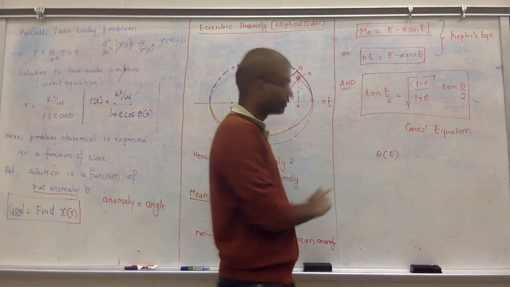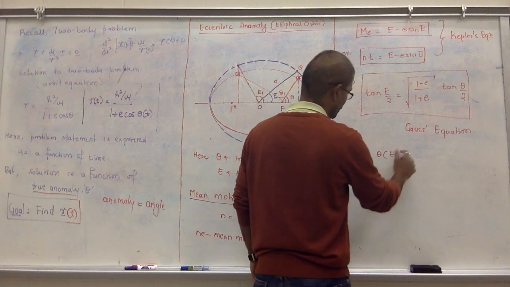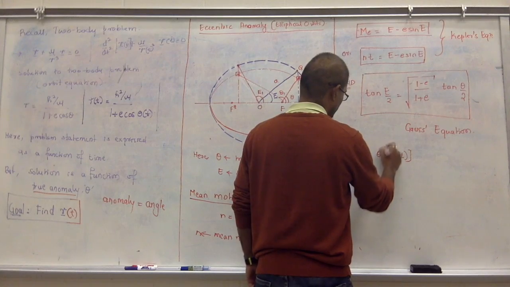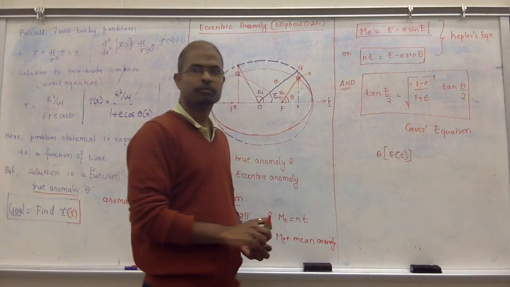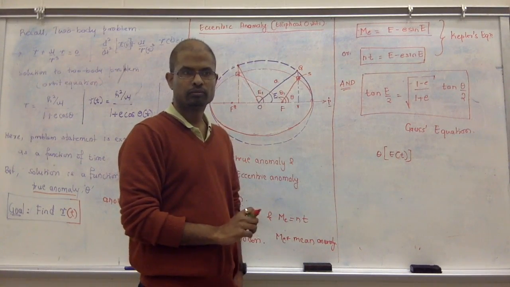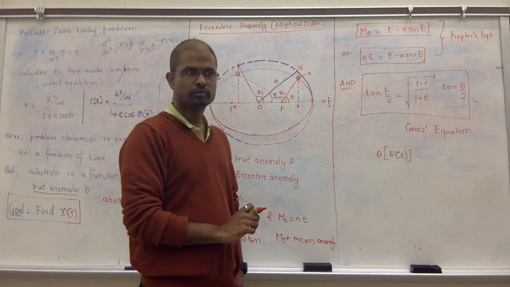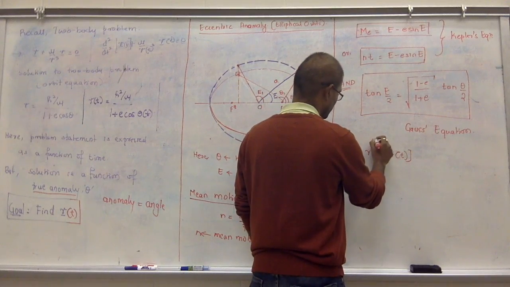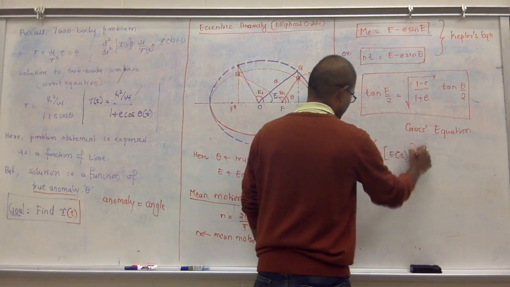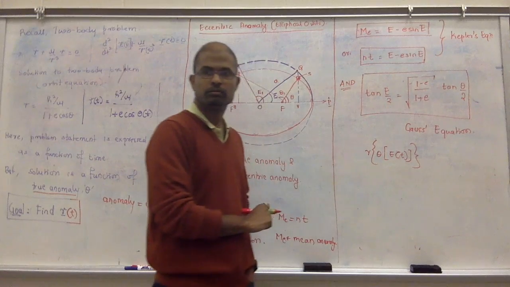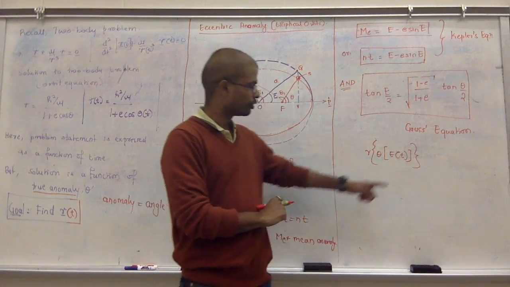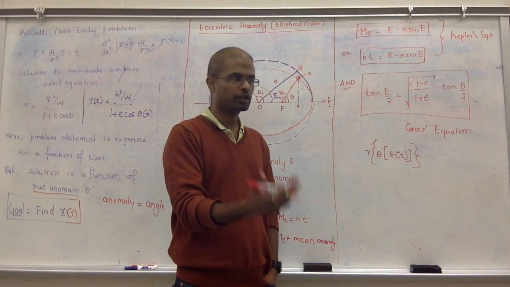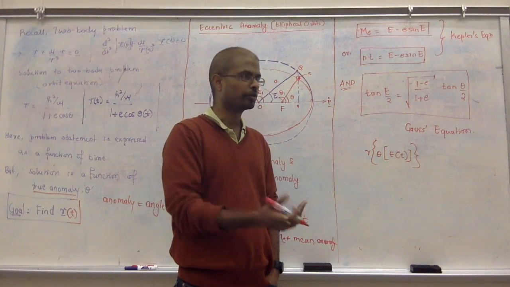Eccentric anomaly is a function of time. r is a function of theta. So if you know time, you know r. When I say it's a function of, it's purely dependent on that quantity. That's what it means.